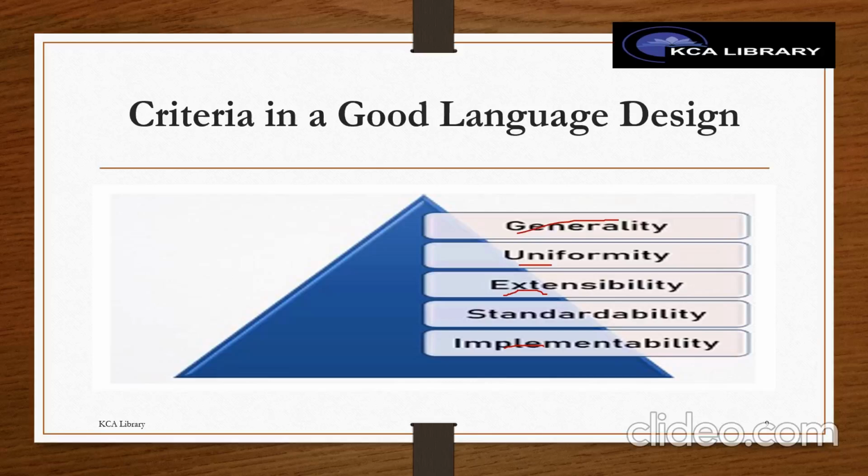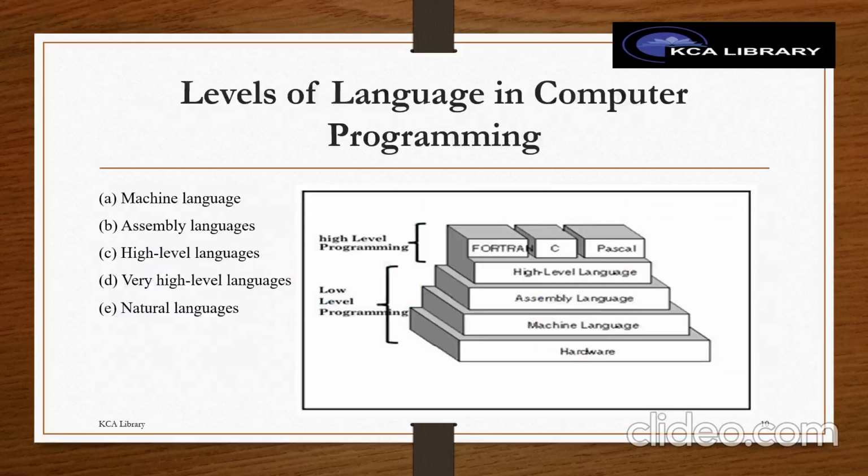Then these are the levels of language in computer programming. We have machine language, assembly languages, high-level languages, very high-level languages, and natural languages. So these are levels of language in programming.